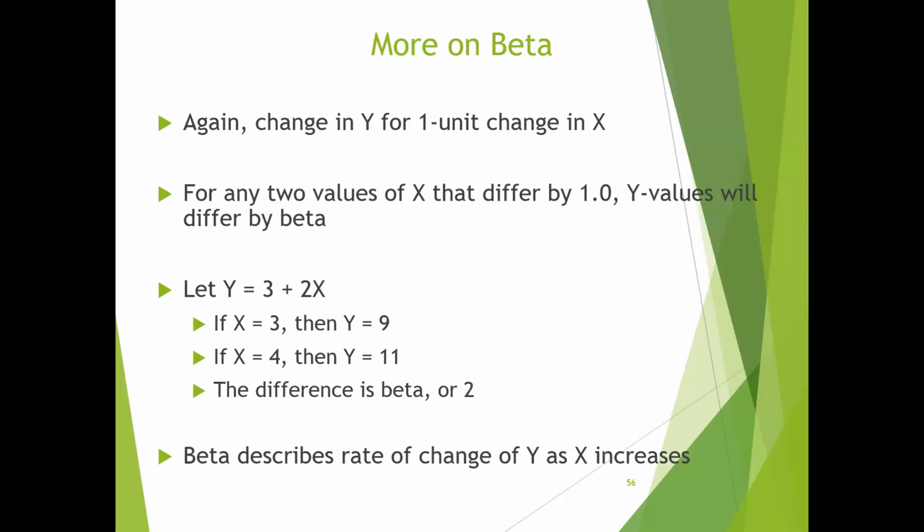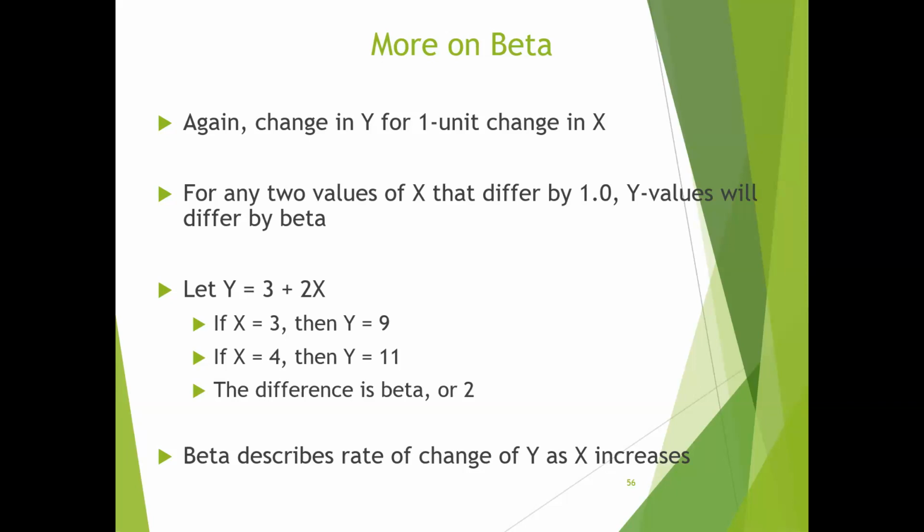One more time. The equation is Y is equal to 3 plus 2x. 3 is the intercept. 2 is beta. X are possible values of the independent variable. If X is equal to 3, then mathematically, Y works out to 9.